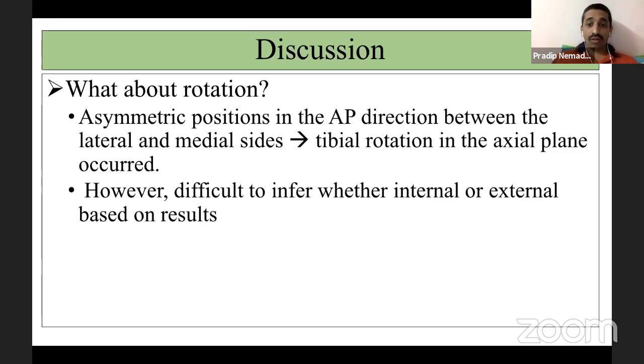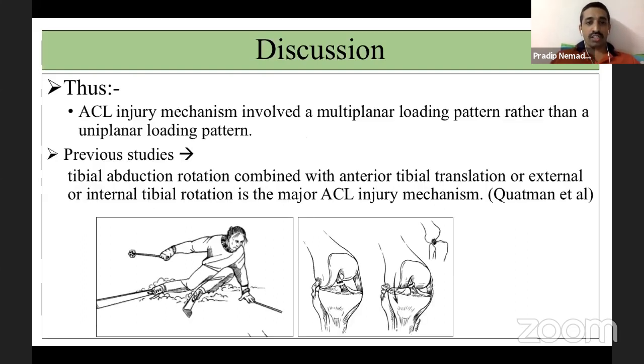That tells you there was some tibial rotation, but the authors found it difficult to infer whether it was internal or external rotation. Thus, the ACL injury mechanism involves a multiplanar loading pattern. This is all we know, but it's just another reiteration of the same fact.